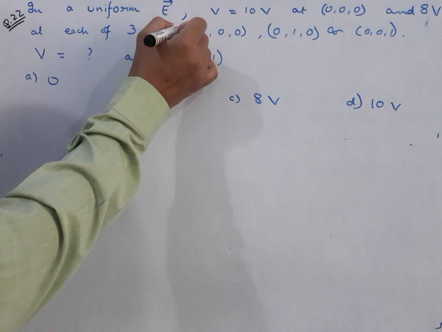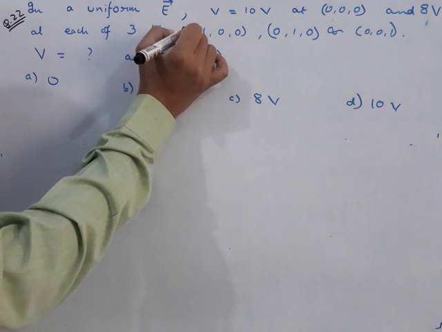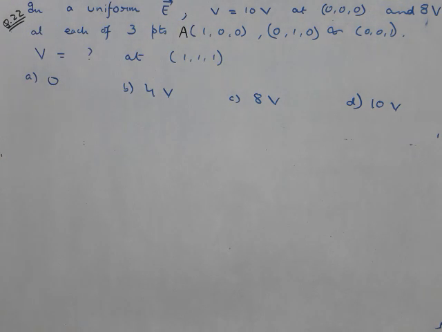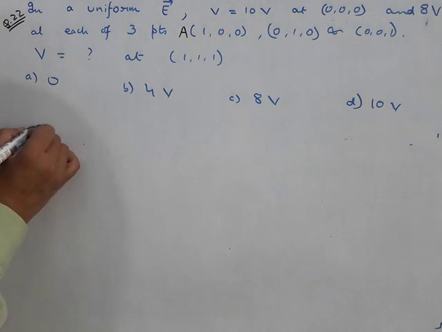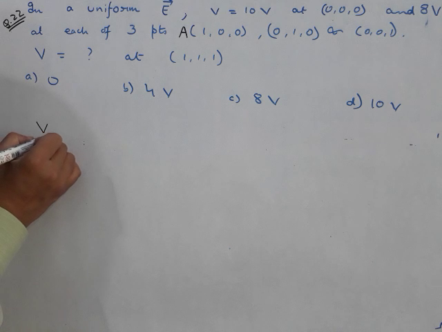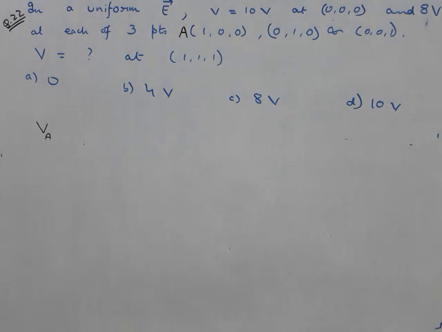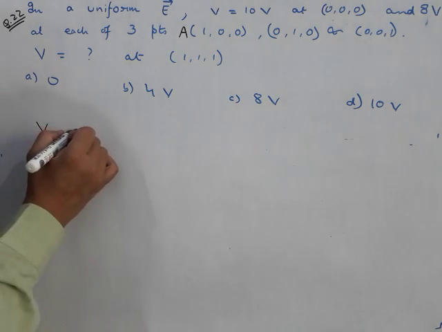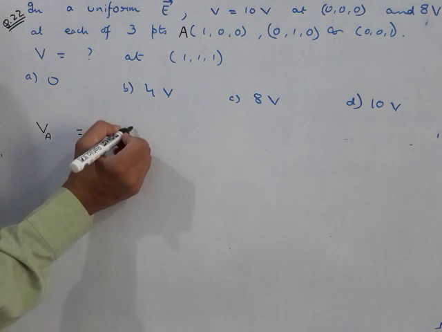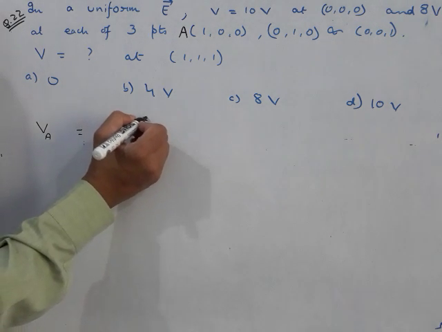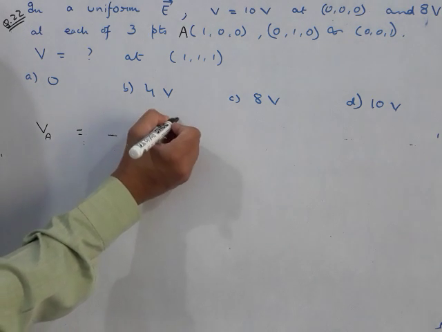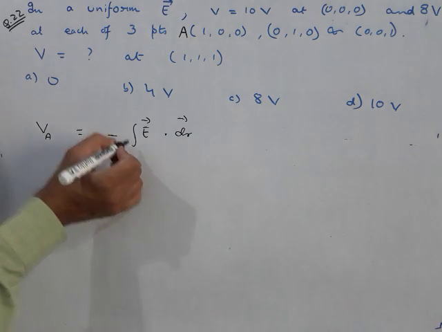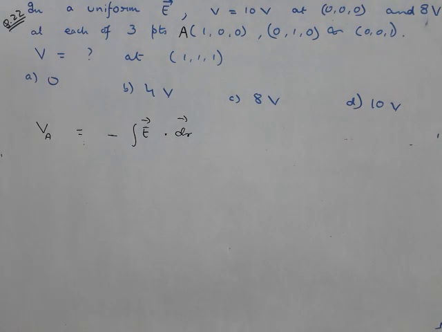Suppose I choose this point as A, 1, 0, 0. This point lies on x axis. So potential at A, students, how do we find this? Will be given as minus integration of E vector dot dr vector from reference to some point.